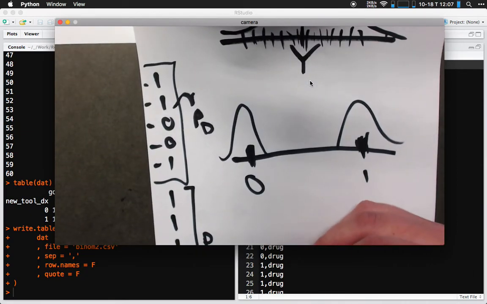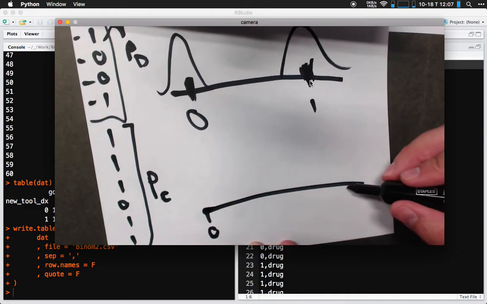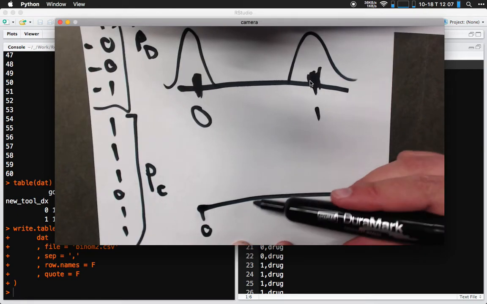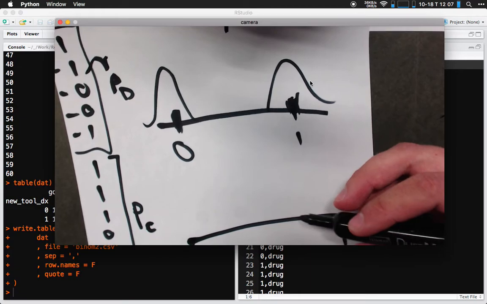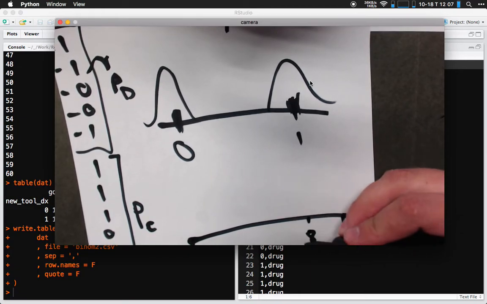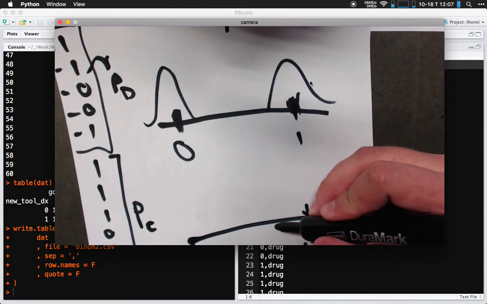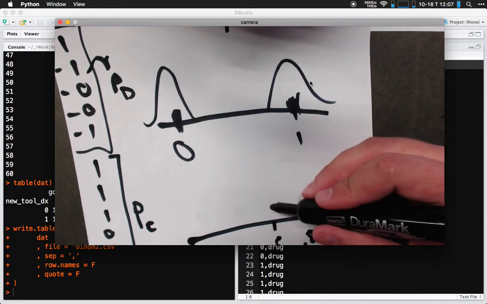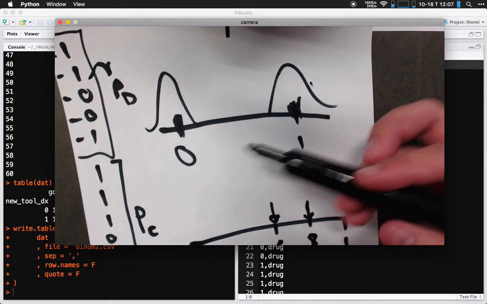Proportions fall on a scale from 0 to 1. But now we can start talking about variability along this scale. If one group had a proportion of, say, 0.8, its value would be right there. Another group had a value of, say, 0.5. Its value is right there. And maybe these are the two proportions you observe.